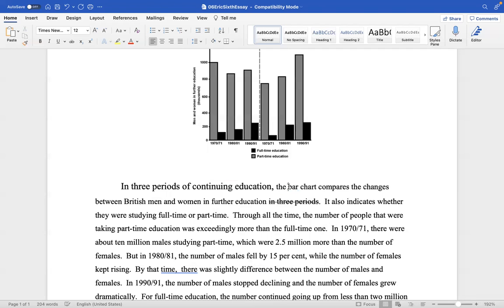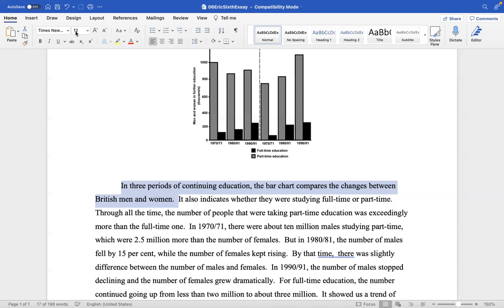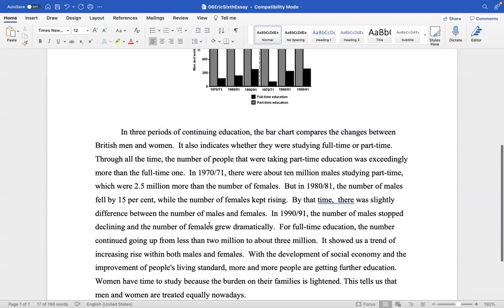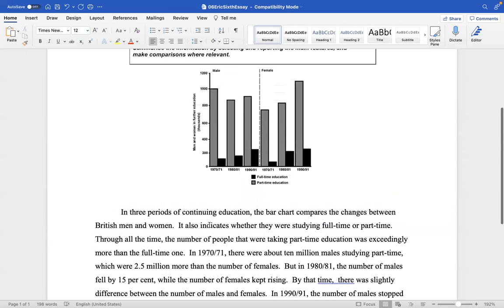I would say the bar chart compares the changes between British men and women. I think that sounds a little bit better than what you had. And again, I'll send this to you in DingTalk when we're done here. So again, that's 12. All right, the second sentence: it also indicates whether they were studying full time or part-time.